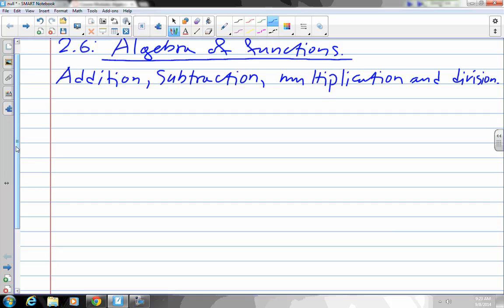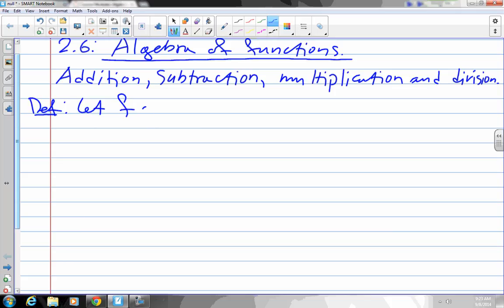Now, your book gives a definition of what it means to add two functions and find the domain of that new function. And that definition needs a little more precision, so I'm just going to give you a pretty precise definition of what's going on. So definition.